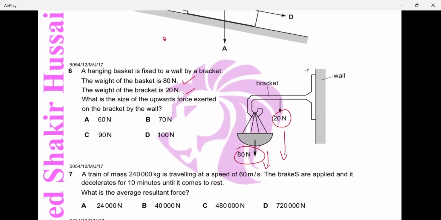There is, otherwise this bracket would slide down along the wall. Oh yeah, the wall. Yes, there is. And it's not letting it slide down, okay? It's acting an upward force. So how much should the force be so that it does not slide? 100 Newton. You were right, Abdullah, at the first point.